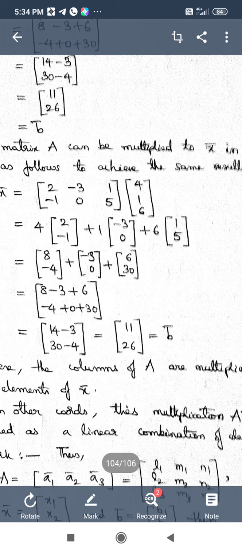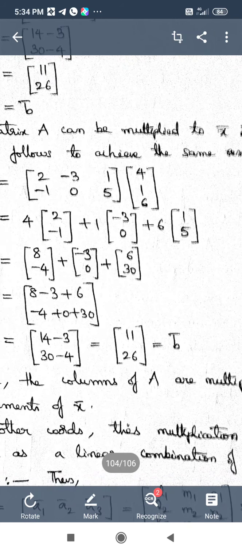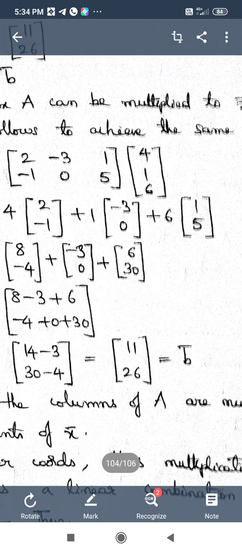So let us simplify and see whether we get the same result. By doing the scalar multiplication of matrices three times, for the first column vector the scalar multiple is 4, and we get the matrix (8, -4). The matrix (-3, 0) is multiplied with the scalar multiple 1, and this gives the resultant (-3, 0), and the last one is the scalar multiple 6 multiplied to the matrix (1, 5).